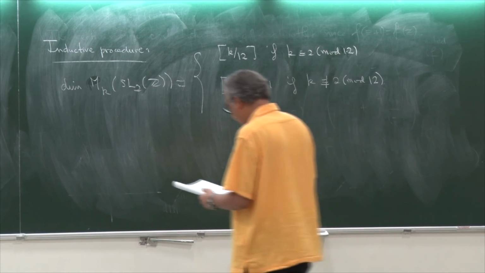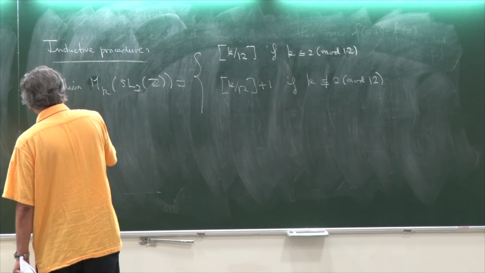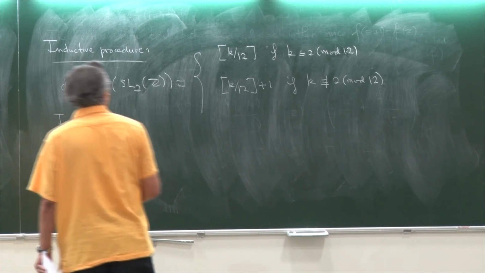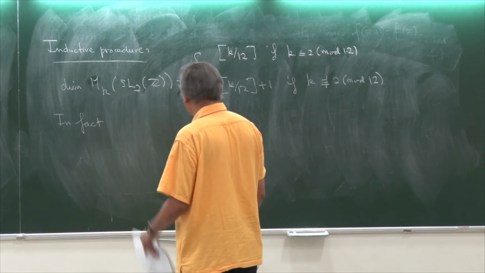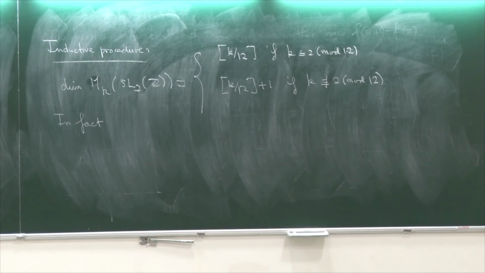But more is true. Not only do we have this nice formula for dimensions of these modular forms. Remember, I had the structure theory, well, I rubbed it off, but the space of modular forms is equal to the one-dimensional space spanned by the Eisenstein series Ek plus the space of cusp forms.